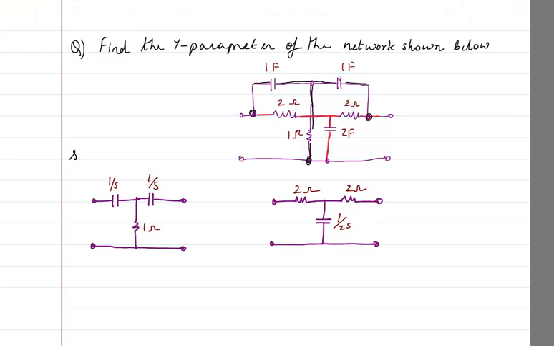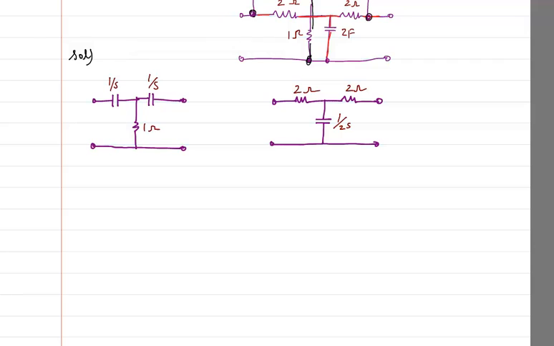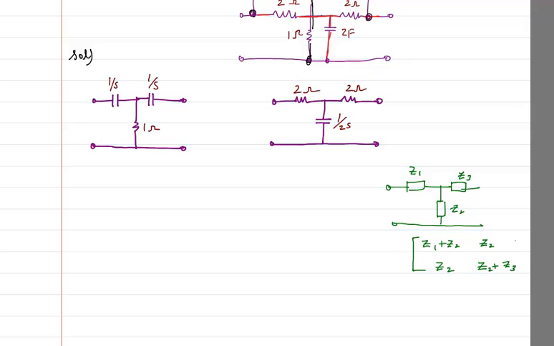let me write down, I have started with the solution. So we know that for the case of T networks, we have all studied this, that if you are having a T network with impedance values in the branches like Z1, suppose Z2, and Z3, then I can directly write the Z parameter as Z1 plus Z2, and this one is going to be Z2, this is going to be Z2, and this one is going to be Z2 plus Z3.